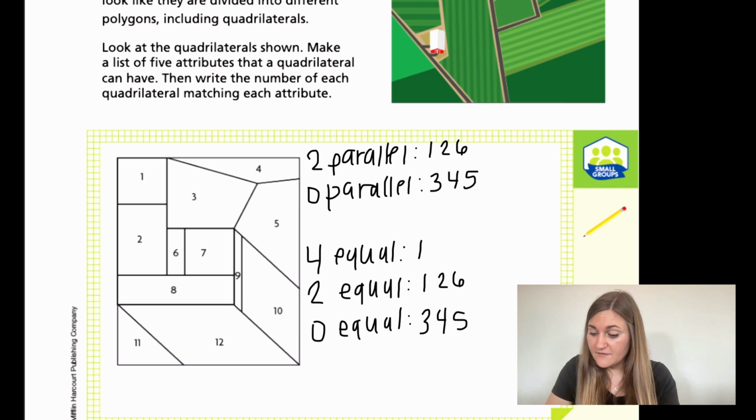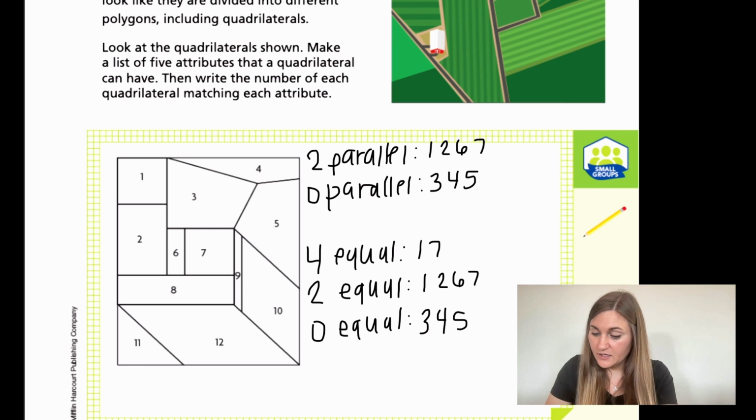All right, for the 7, that's a nice equal square. So it does have parallel sides, and all 4 of those lengths look pretty equal. So we're going to add the 7 to the 4 equal sides and the 7 to the 2 equal sides.